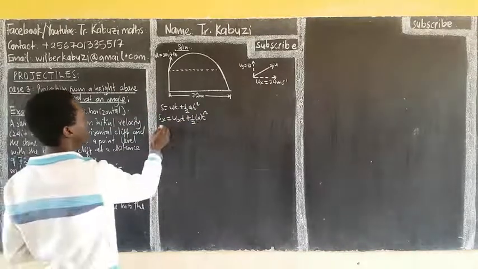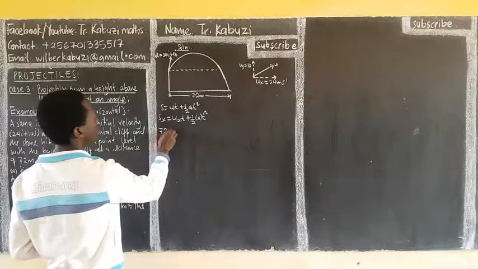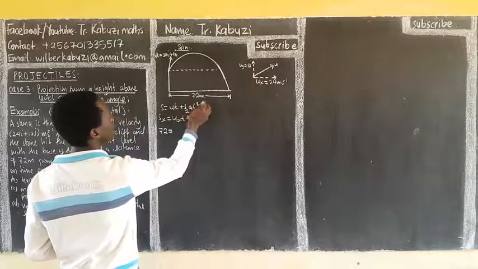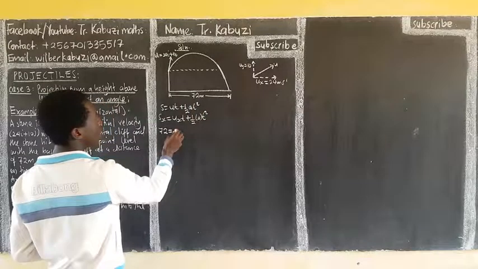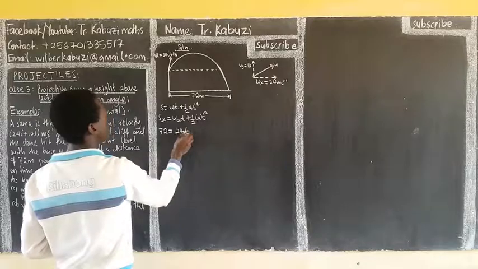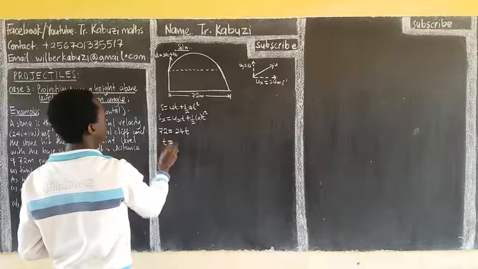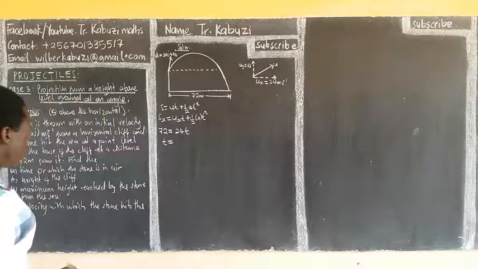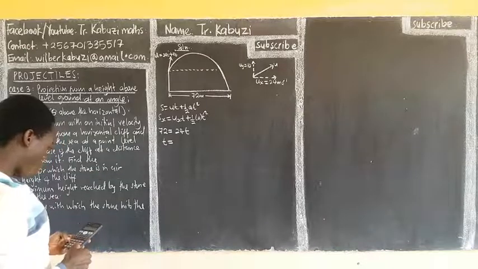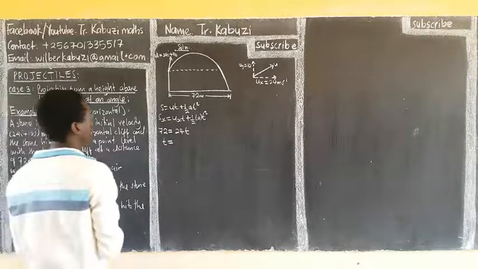So my Sx, which is 72, because this is the distance I need to cover, is equal to Ux, which is 24, times t. From here, my t is going to be 72 divided by 24, which gives me 3 seconds.